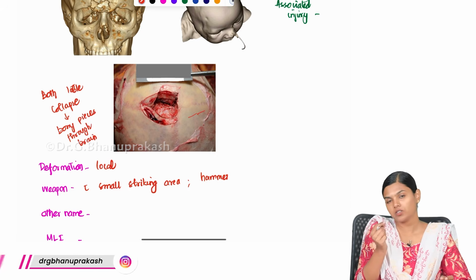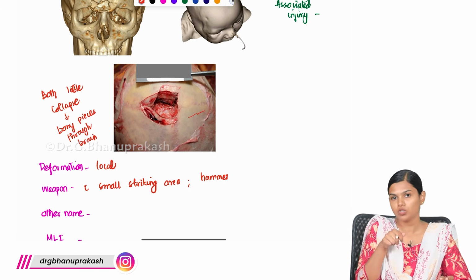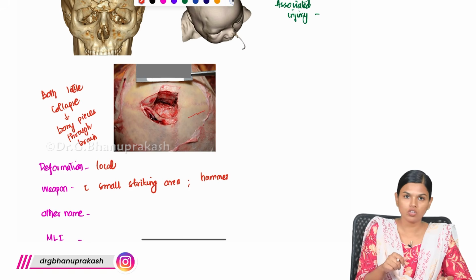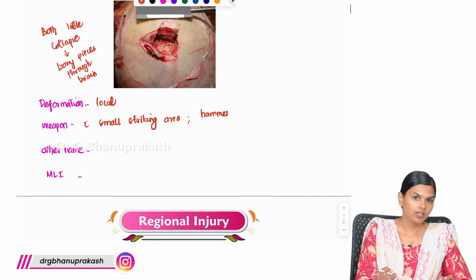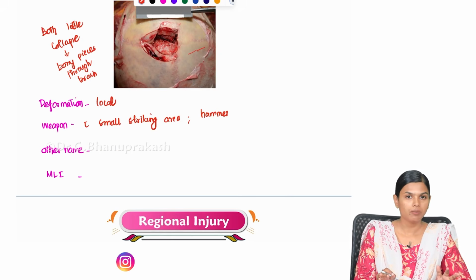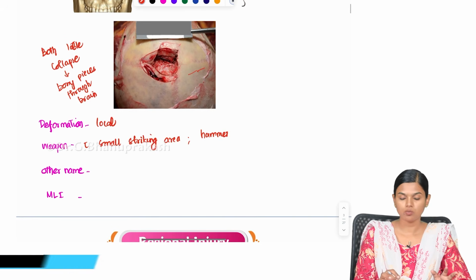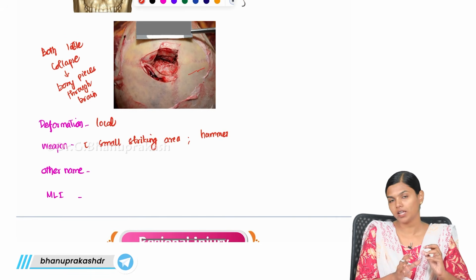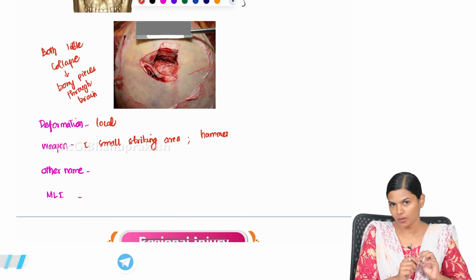So the piece of the skull will go and impinge over the brain. Because of that, you will get severe injury to the brain structure and there will be multiple pathologies in the brain activities. So this is the importance of this. Both the tables will be deformed and the fractured part will go and hit the brain, causing injury to the brain tissue.